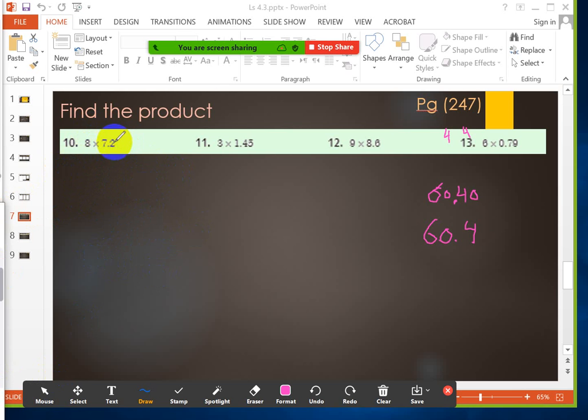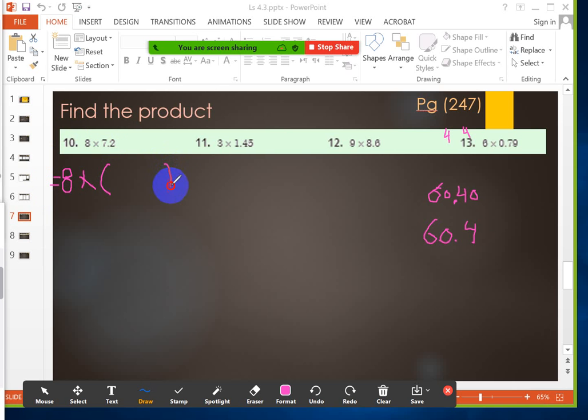What do I have to do here? I have to break 7.2 into 7. Yes, it will be what? Look, according to the distributive property, we talked about how to multiply this whole number 8 and break the decimal number into 2 numbers.